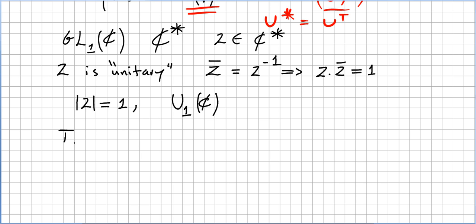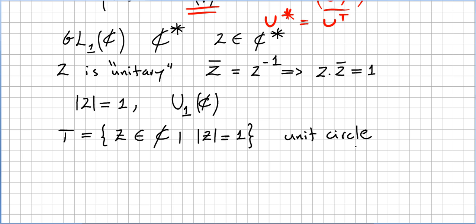This is nothing else but the circle, where z is an element of the complex numbers such that the absolute value of z equals 1. So this is the unit circle in the complex plane.